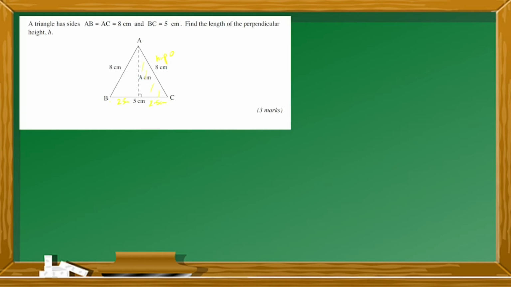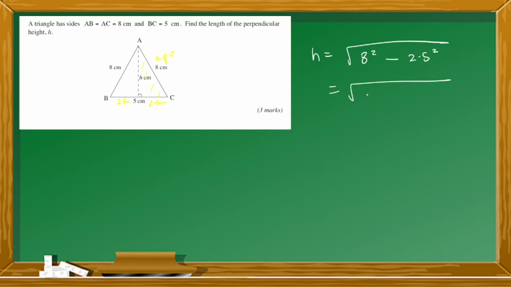Knowing the measurement of two of the sides, we can go ahead and find the other short side, which is our perpendicular height h. Seeing that we have the hypotenuse and one short side, we're going to need to use the formula. So h is equal to the square root of the hypotenuse, which is 8 squared, minus the short side, which is 2.5 squared.